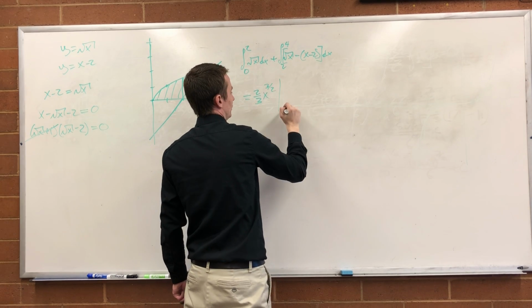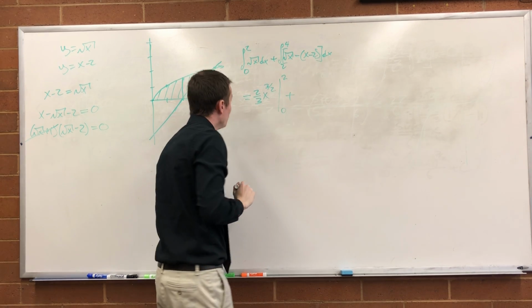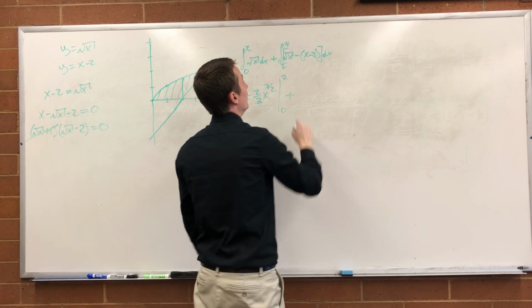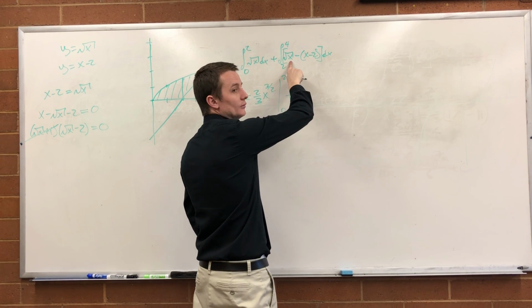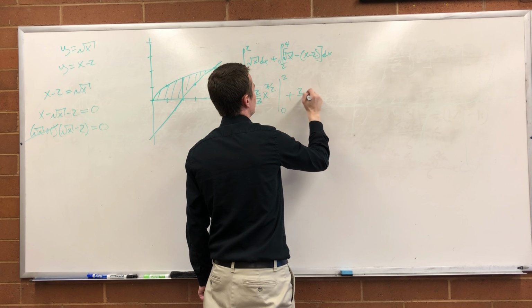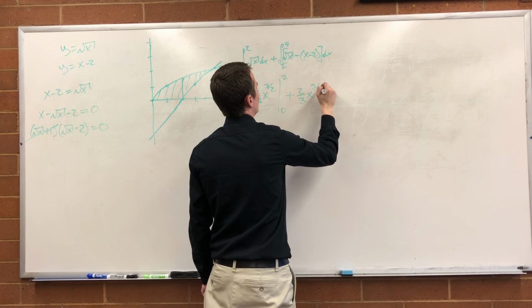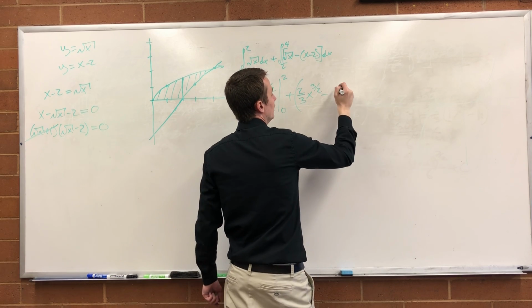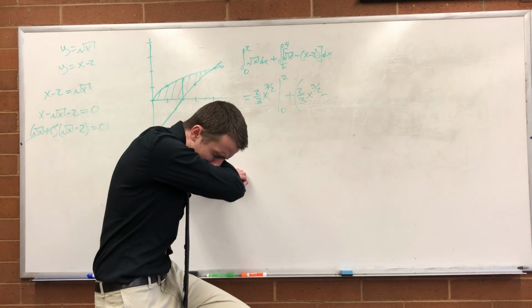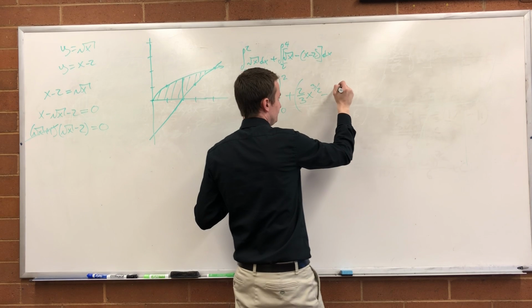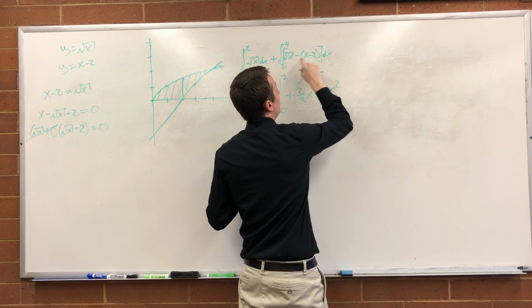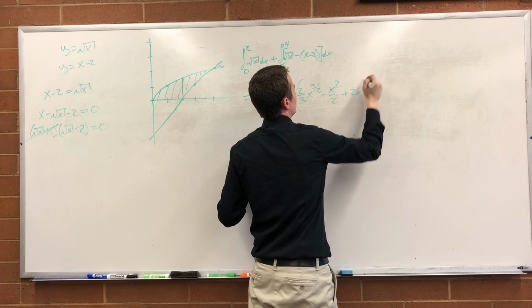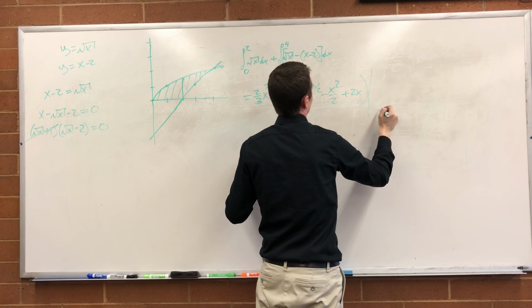We're going to evaluate that from 0 to 2, plus the same thing, minus, in parentheses here, x squared over 2 minus 2x, so plus 2x, and this is evaluated from 2 to 4.